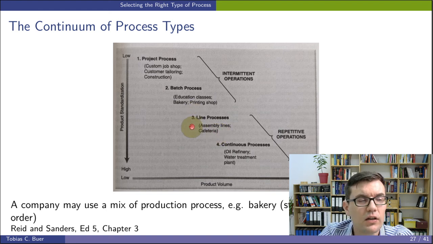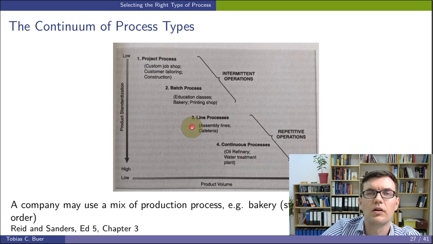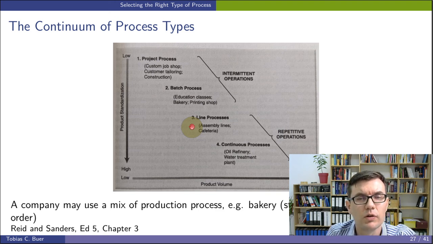The variety of products is much lower. Everyone in the canteen gets the same food, or the selection of different food types is limited, but therefore we can offer a quicker service compared to an individual restaurant where you order food.